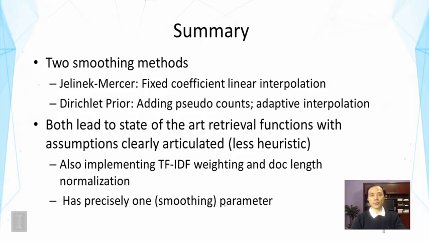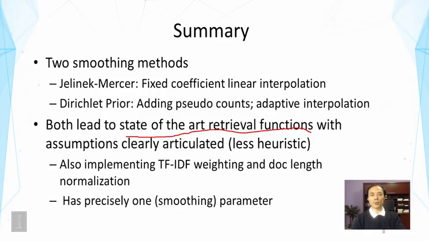So they are less heuristic. Experimental results also show that these retrieval functions are very effective, and they are comparable to BM25 or pivoted length normalization. So this is a major advantage of probabilistic models, where we don't have to do a lot of heuristic design. Yet in the end, we naturally implement the TF-IDF weighting and document length normalization.